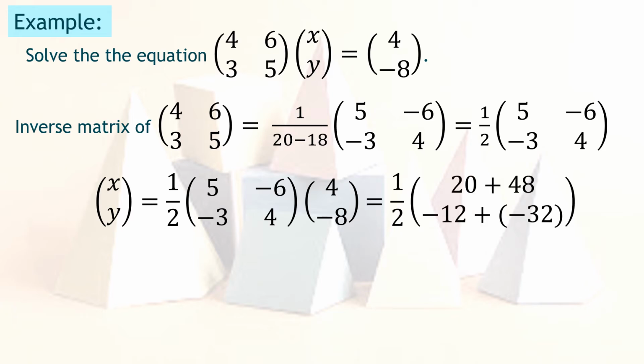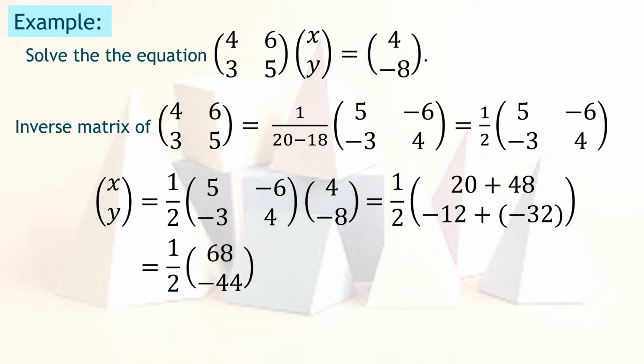The result is 20 plus 48, because 5 times 4 is 20, plus negative 6 times negative 8 is positive 48. And then we have negative 3 times 4, which is negative 12, plus 4 times negative 8, which is negative 32.